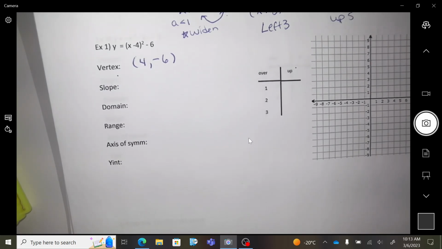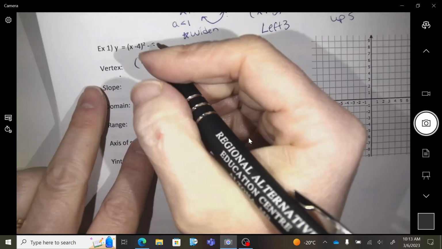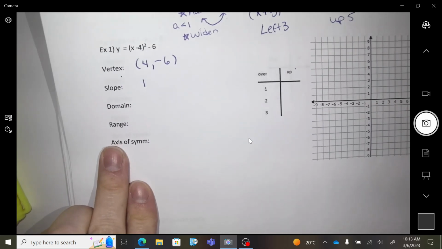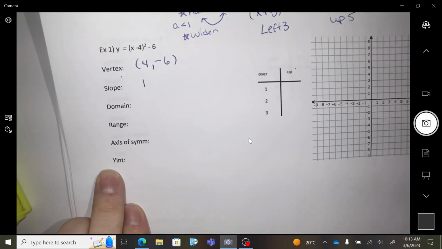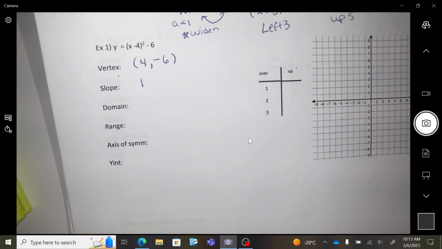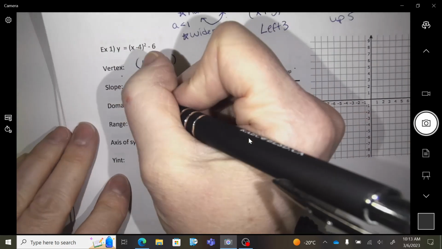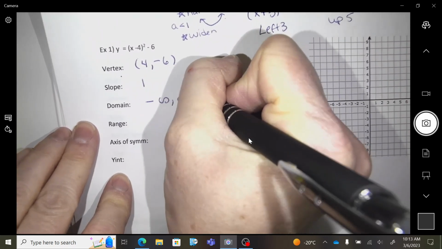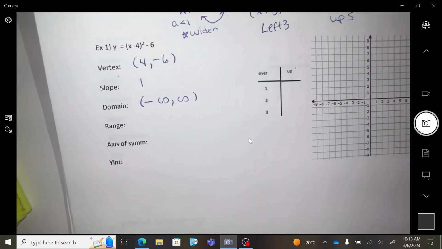So that was opposite and same. What is the slope? What is the multiplier number in the front of things? 1. What is the domain of any parabola? Infinity. Negative infinity. You have to write it in that order because it goes left to right, always.